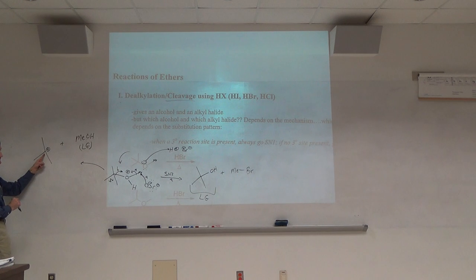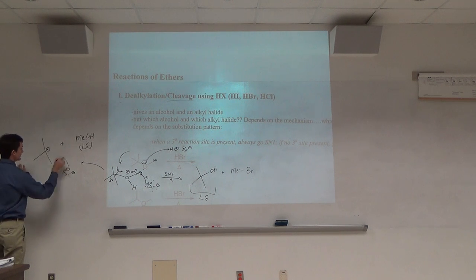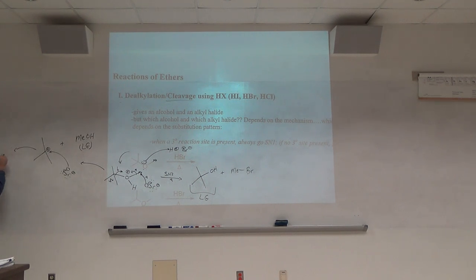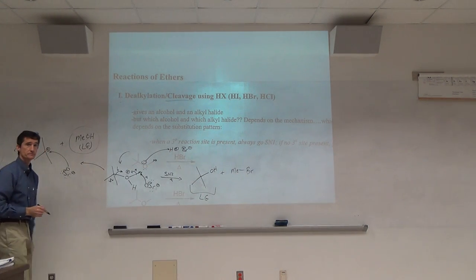What could attack this plus? Br- attacks this plus. Bam! What do you get? You get these two products. Still an alcohol and an alkyl halide, but it's different from those over there, right?